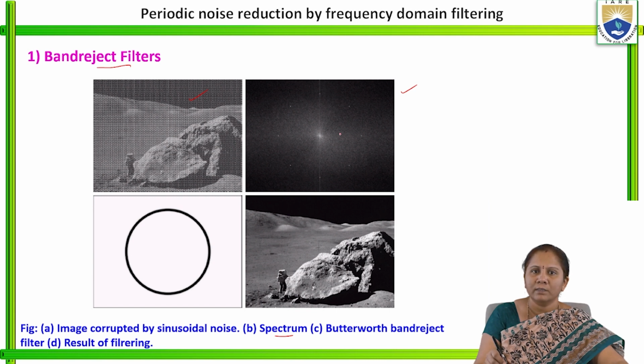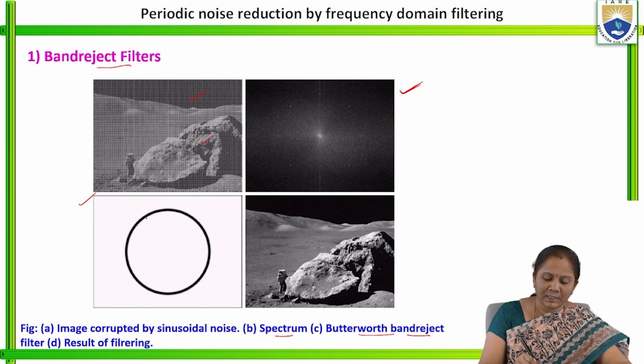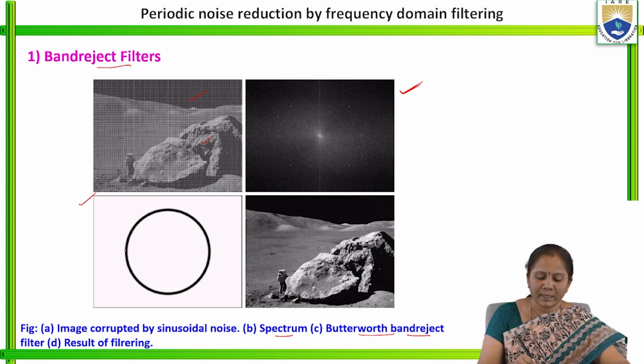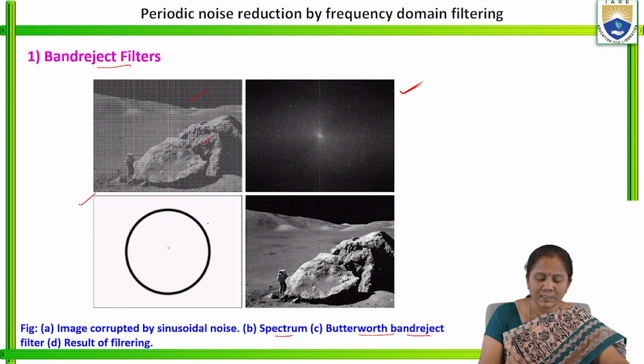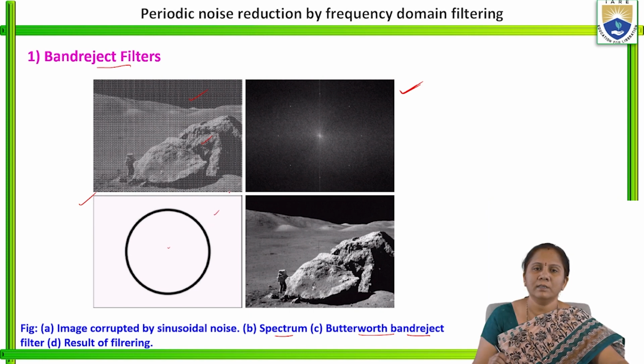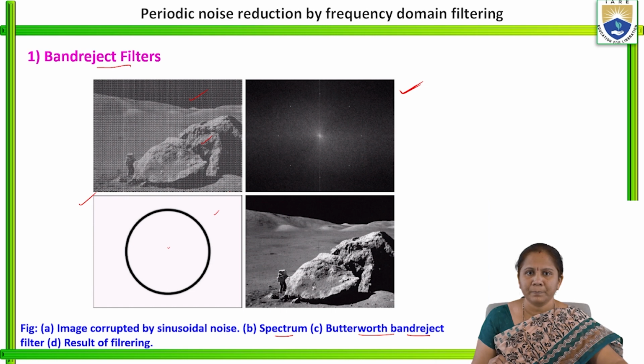This plot represents the frequency domain, that is, after applying the Fourier transform the image is converted into the frequency domain. The third plot is when the Butterworth band reject filter is applied. We can see a black colored ring. Those are the frequencies that will be rejected, whereas the frequencies present inside that ring and outside that ring will be passed.